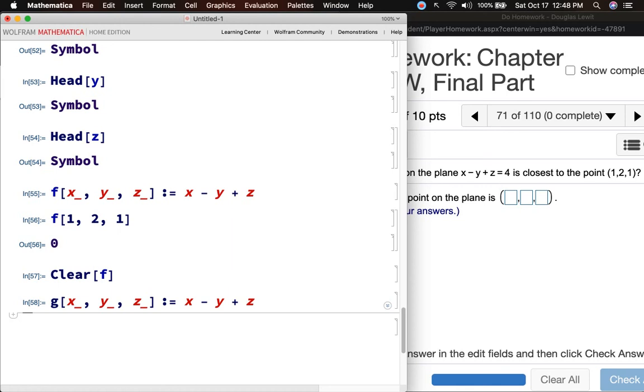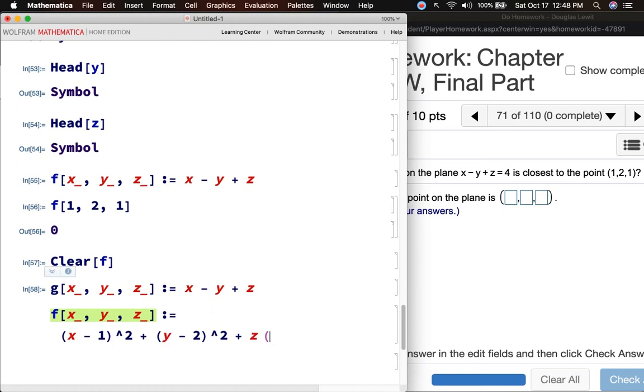So for the sake of consistency, I'm going to redefine that. f of x, y, and z is equal to x minus 1 squared plus y minus 2 squared plus z minus 1 squared.